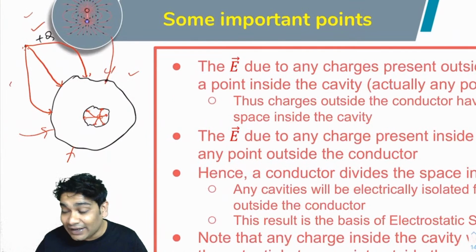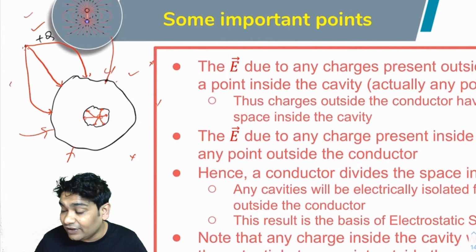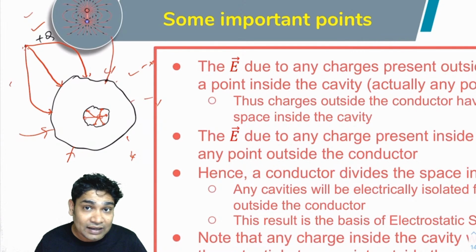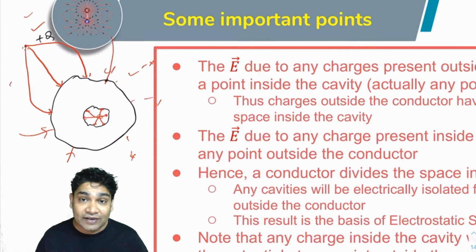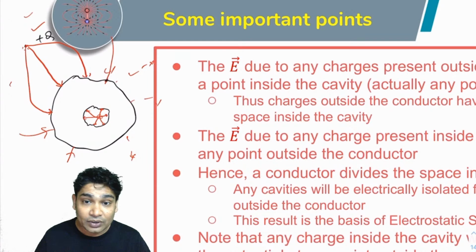Now, any electrical activity happening outside, if I bring more charges or whatever I do outside, will only modify the fields in the outer region. Anything that I do outside the conductor will only have its effect outside, and inside you will see no effects of that.